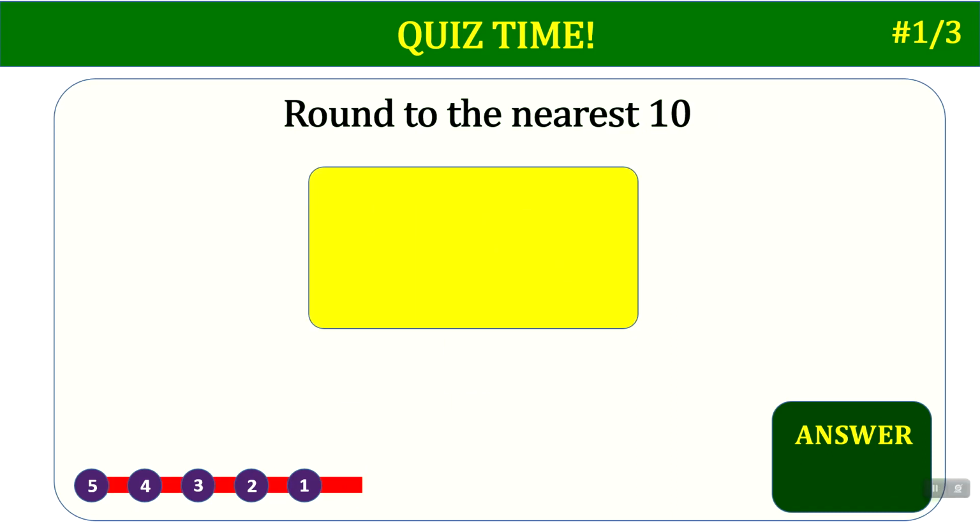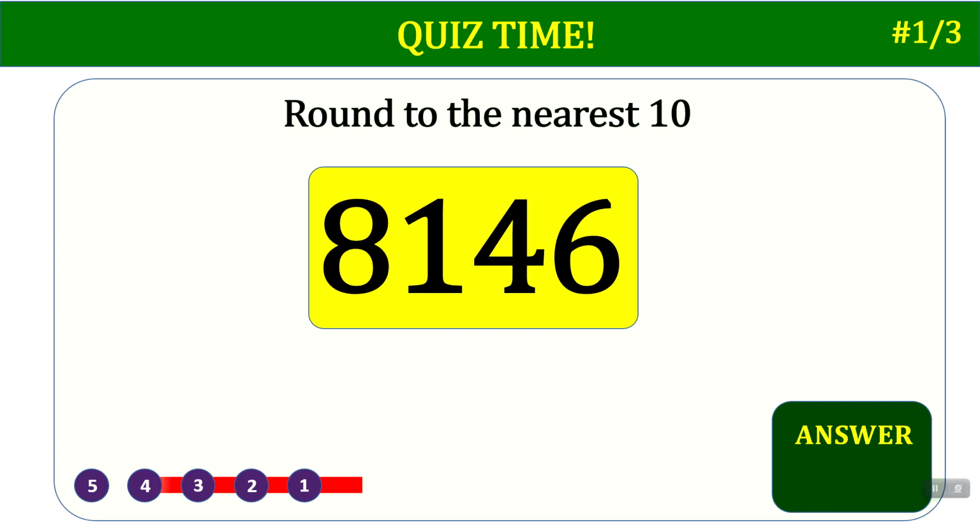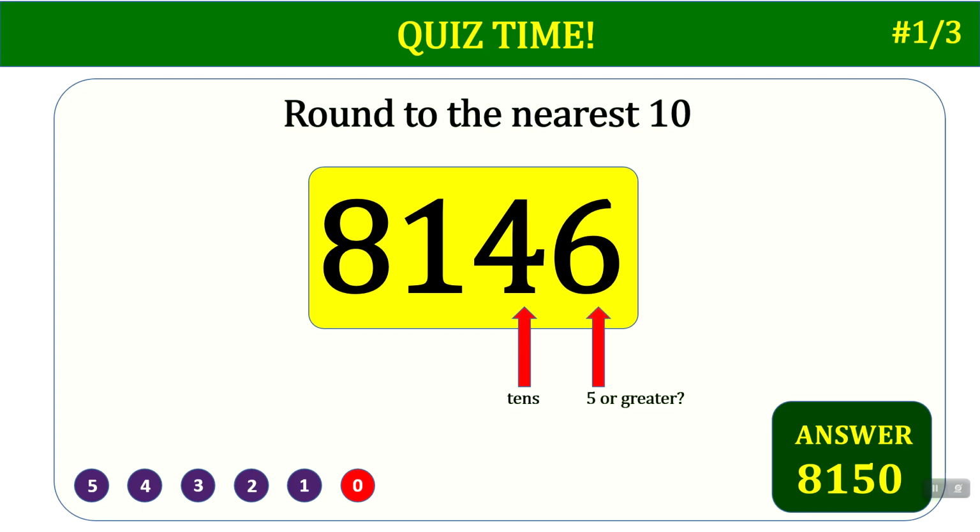And now let's do a combination of rounding. Round to the nearest 10, 8,146. Time's up. The answer is 8,150. If we look in the tens column, we're rounding to the nearest 10, we see a 4, and to the right is a 6, and so therefore the tens goes up to 50, 8,150.